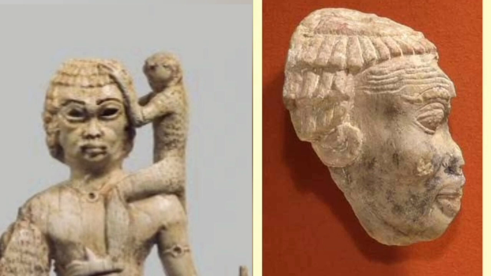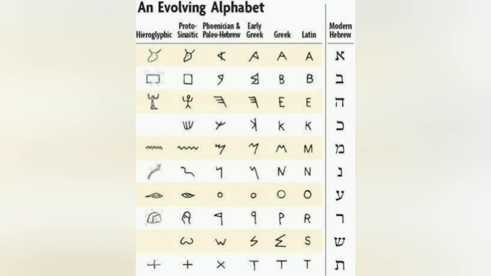So you look at the alphabets that were tilted by the Phoenicians, taken from the Egyptians by the Canaanites, and then moved by the Phoenicians, and then later by the Greeks. But this is what the Phoenicians depicted the ancient Egyptians like.